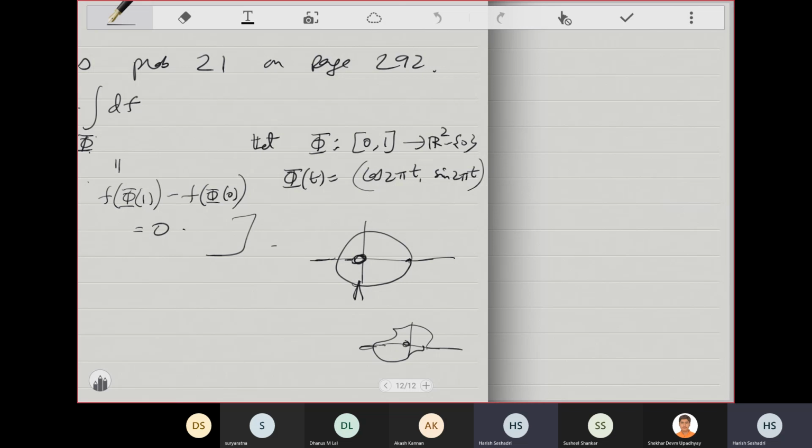Okay, so now, but if the E is convex, then the statement is true.